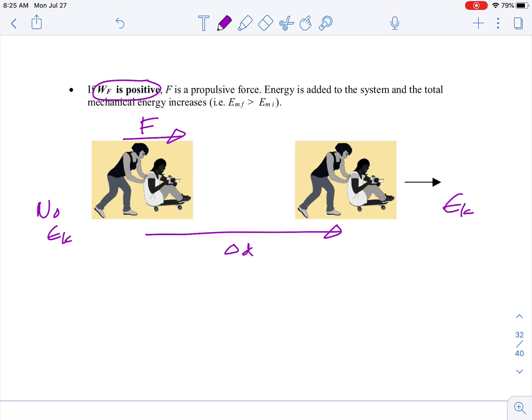The energy has increased. So when the non-conservative work is positive, energy will increase. You're basically adding energy into the system and causing it to increase. So mechanical energy doesn't stay the same, it gets bigger and bigger and bigger. Good. So those are our two different cases of what happens with non-conservative work.